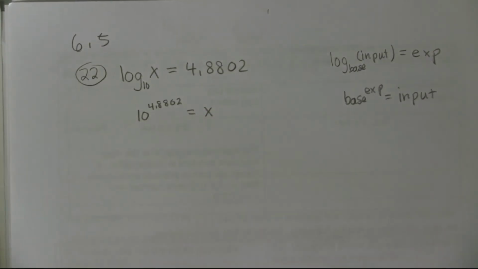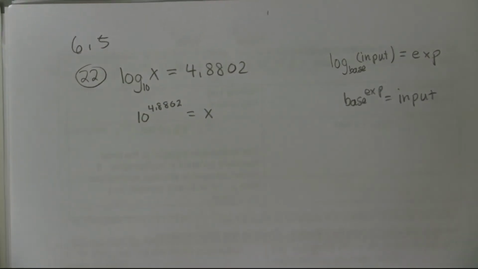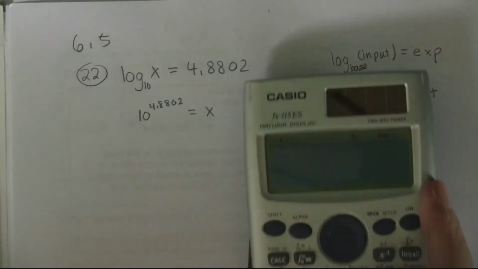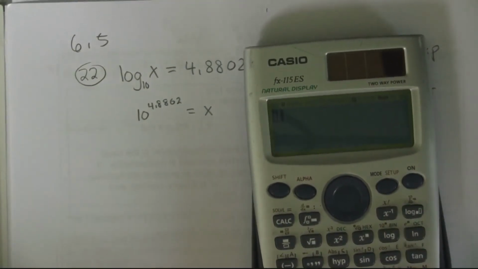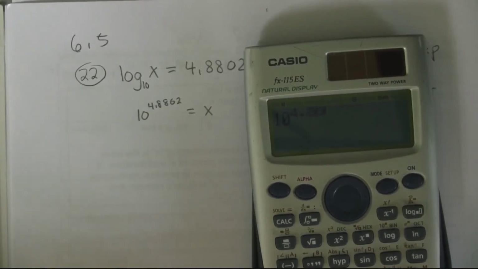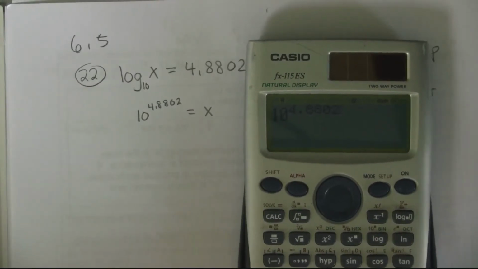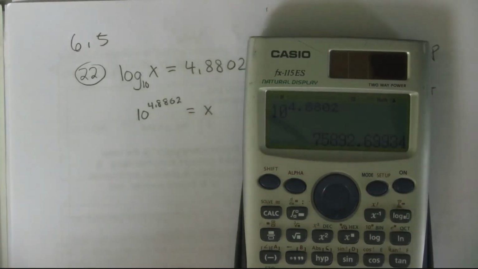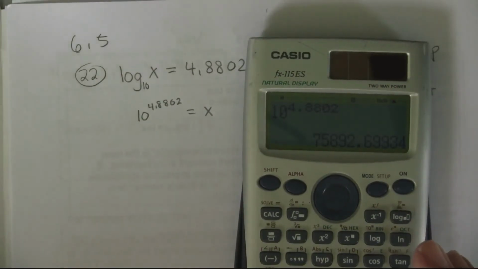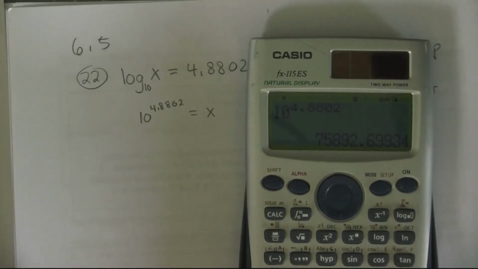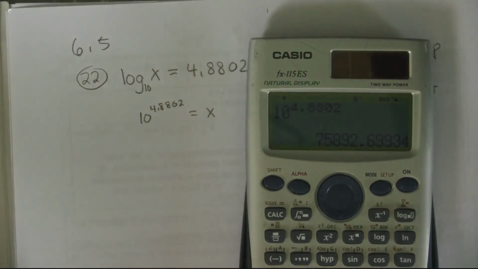And so they asked us to find X, express answer to 3 significant digits where appropriate. Okay, so here, 10 raised to the 4.8802. And then we're going to take this to 3 digits. Are they wanting? I'm going to look in the back of the book.